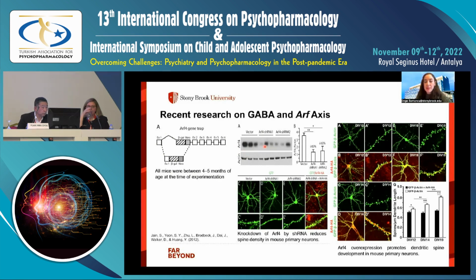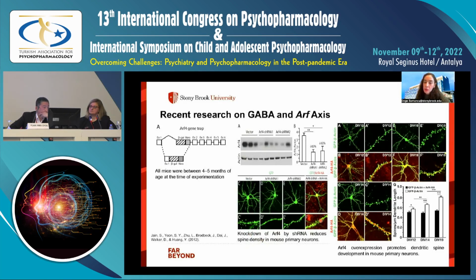And they then further investigated if it was important for any type of neuronal development. They didn't find any difference in the motor activities. They didn't find any anxiety behaviors in those animals. But what was really important is that they realized that the knockdown of ARF4 by the shRNA generally reduced the spine density in the mouse primary neurons.